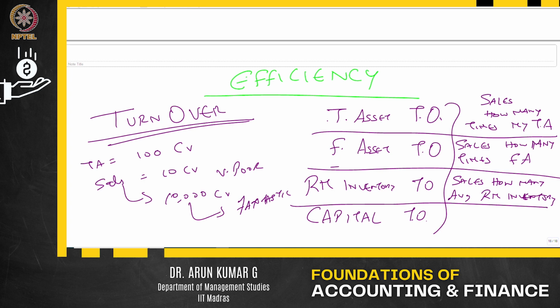Any one ratio will not give you the picture; you have to use these ratios in combination. For example, for an IT firm which only survives on rented space, fixed assets are very few, so calculating the fixed asset turnover ratio will be useless.